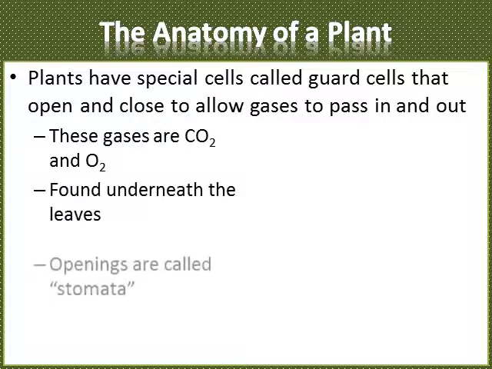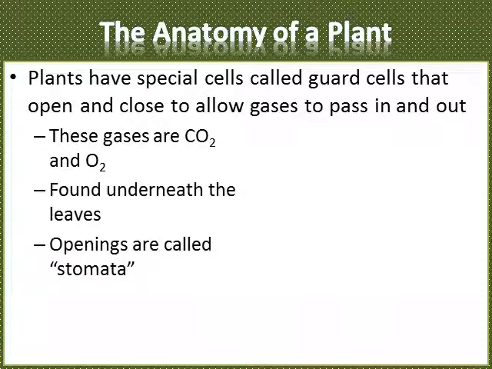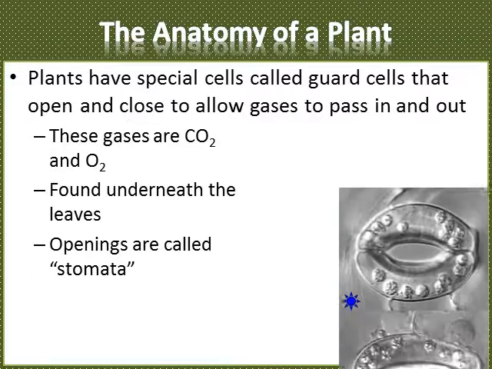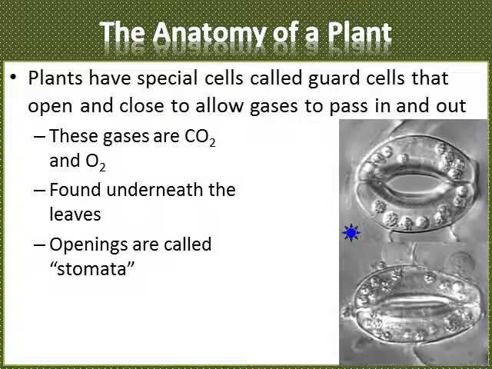These guard cells are found underneath the leaves, and when they open and close, the hole that's created is called the stomata. Okay, just like how your lips need to open and close in order for you to talk or breathe, and the opening is called the mouth, right? So you have your lips, i.e. the guard cells, and then you have your mouth, which is the stomata. Okay, so let's look at this structure.